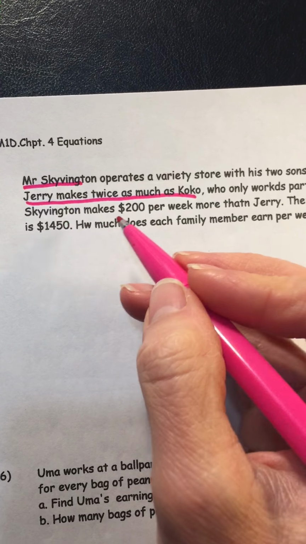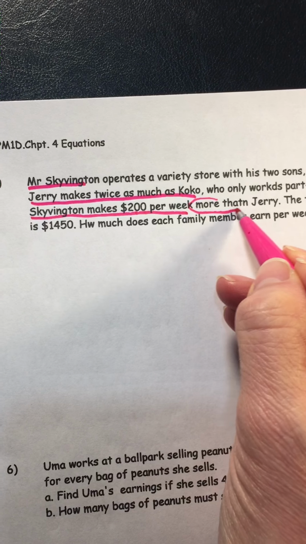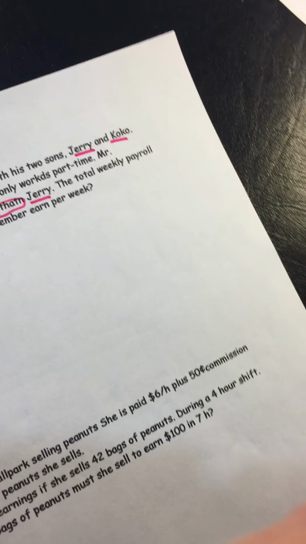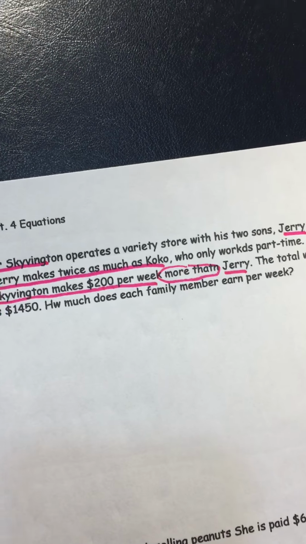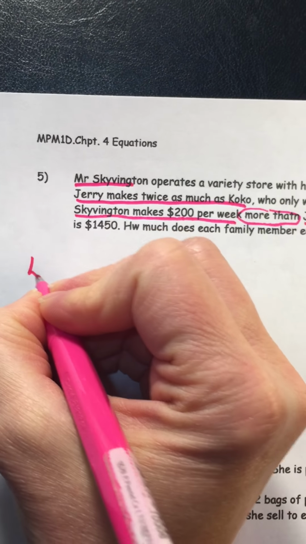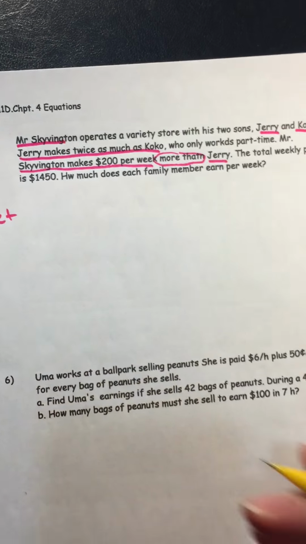Mr. Skivington makes $200 per week more than Jerry. Okay, so now we know a relationship between all of their weekly payments. So our let statement's going to come from all of that stuff.